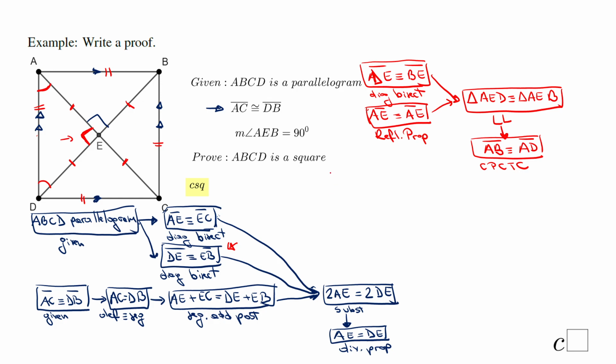And in that triangle we have the measure, and let's do this one because we already know this is 90 degrees. Measure of angle AEB is 90 degrees. That is given.